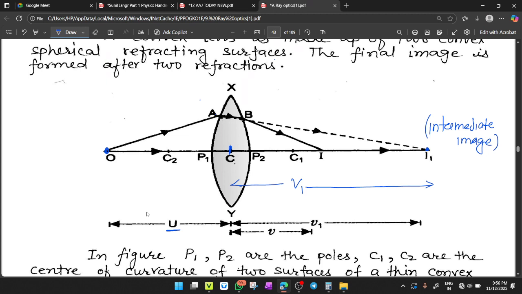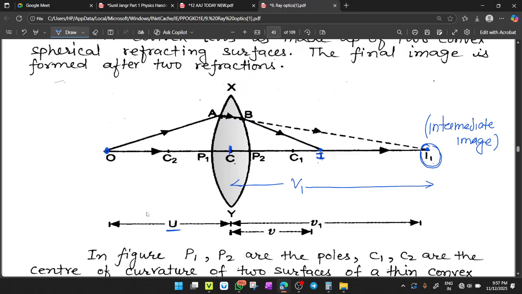Now, for the second case, this intermediate image I1 behaves as an object for the right face, face B, and forms a real image I. So this is the final image I. Here the refraction takes place from the denser medium to the rarer medium.